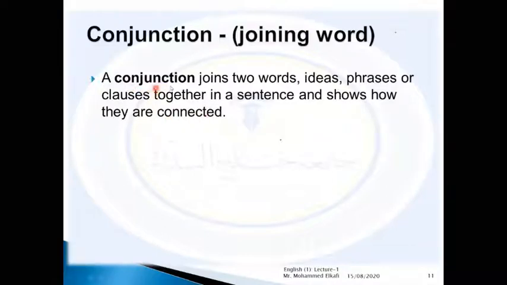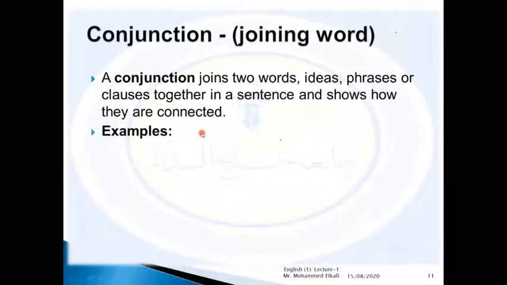So conjunctions are joining words, connecting words, or linking words. They are used to join two words, two ideas, two phrases or two clauses together in a sentence and show how they are connected.